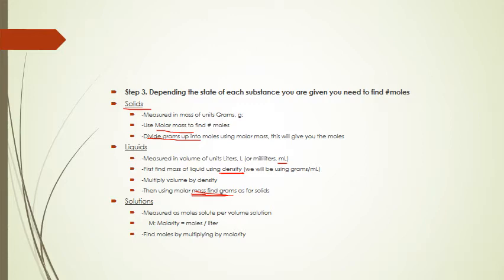Going from moles, you go from moles to mass to volume using density. You'll see how this works. And then solutions: if you're given a solution, you have to know the molarity, and from molarity you can figure out the moles or the milliliters. We went over that in previous videos.